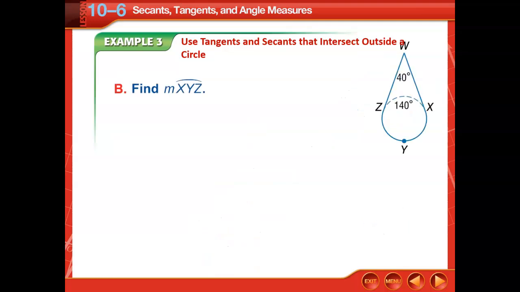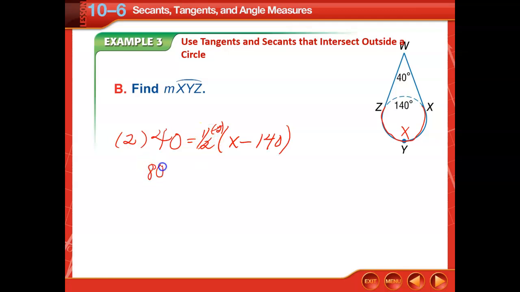Here it's the same thing, but a little bit different. We are looking for arc XYZ, so we're looking for this arc. Again, I'm going to put an X there because it's easier than rewriting XYZ every time. So again, I have 40, which we got when we took 1/2 of the bigger arc, which is X, minus the smaller arc of 140. I'm going to multiply by 2 to get rid of that half.